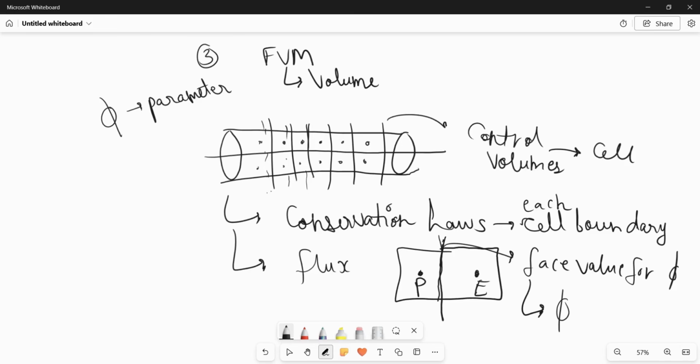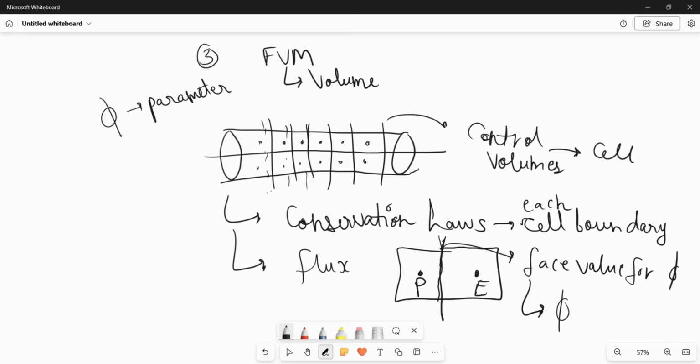These conservation laws can be your mass balance, your energy balance, your Navier-Stokes momentum balance, or the continuity equation. Then you find the value of the parameter at the face, right?